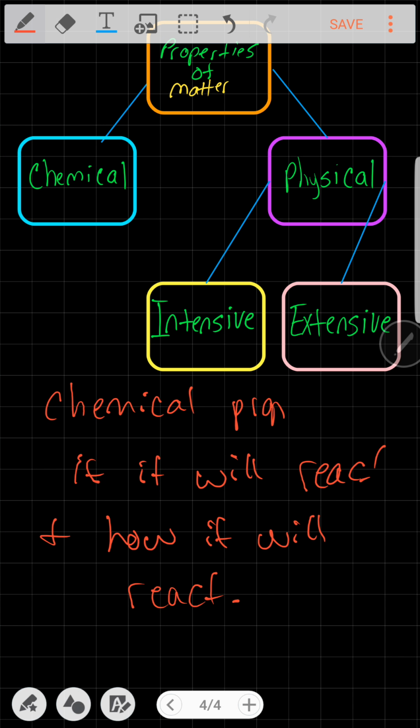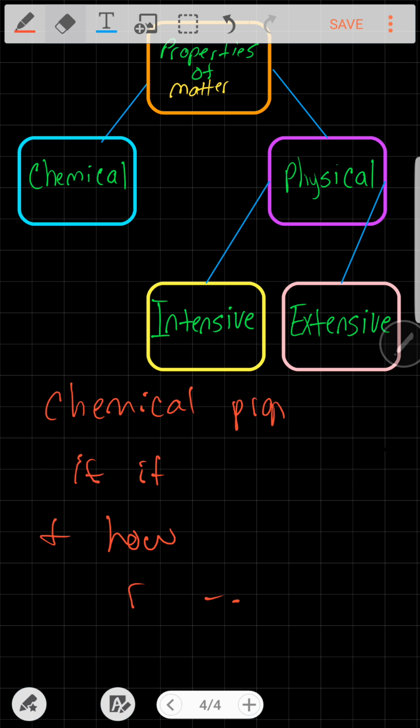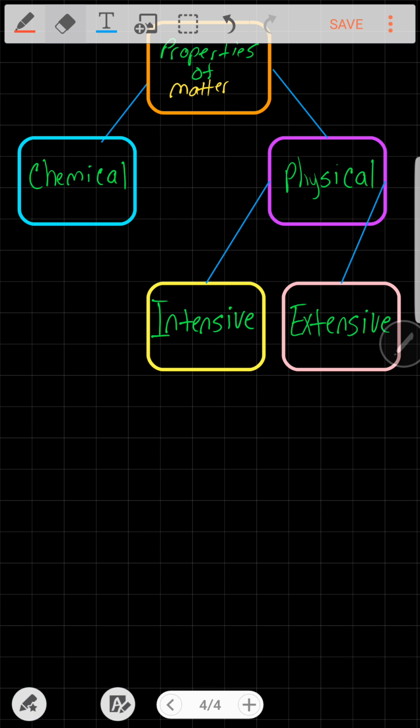Okay? We're going to hit chemical properties later, but now let's start discussing physical properties. As you can see, physical properties have two subcategories: intensive and extensive properties. I'm going to start writing down a list of some intensive properties and a list of extensive properties, and see if we can determine on our own the difference between intensive and extensive.